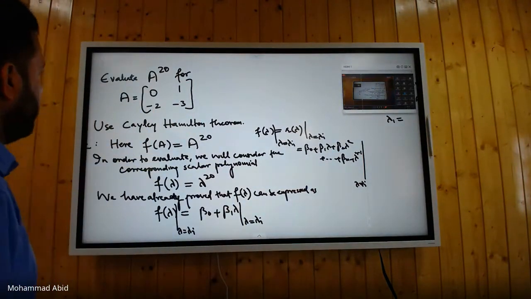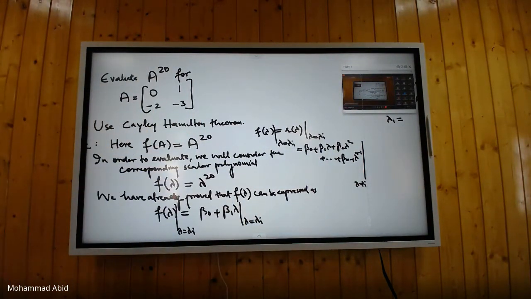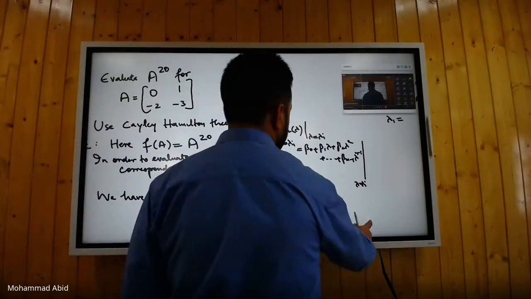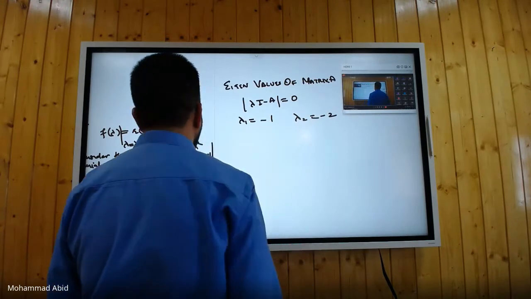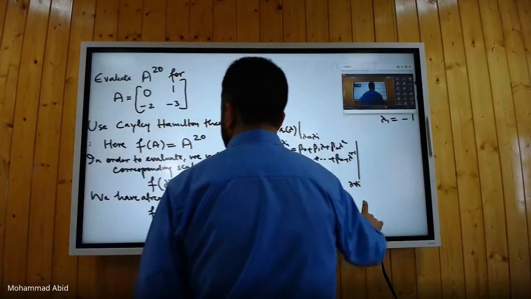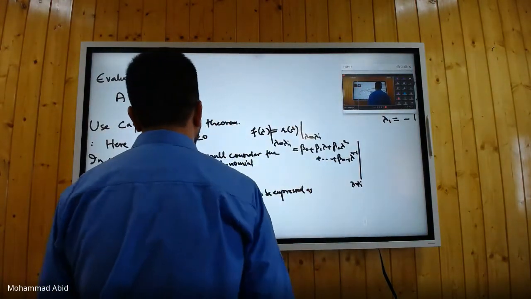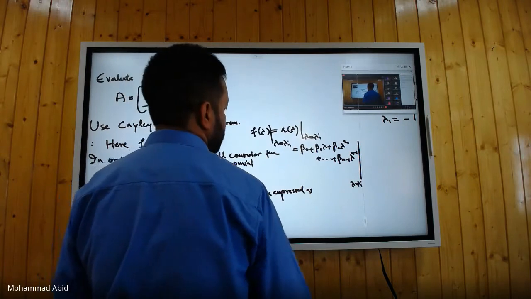For this matrix A, tell me what the eigenvalues will be. It should not take this much time. Sir, -1 and -2. -1 and -2, okay. So now in this equation, if I put first of all lambda equal to lambda 1, that's -1.